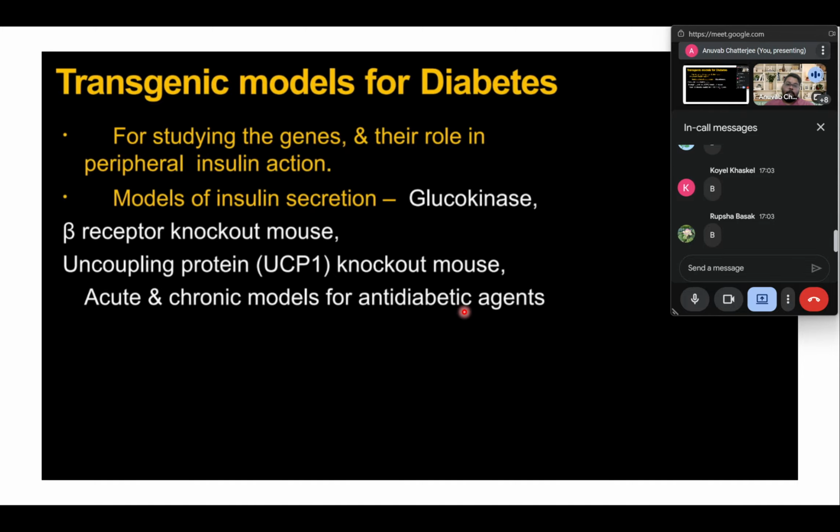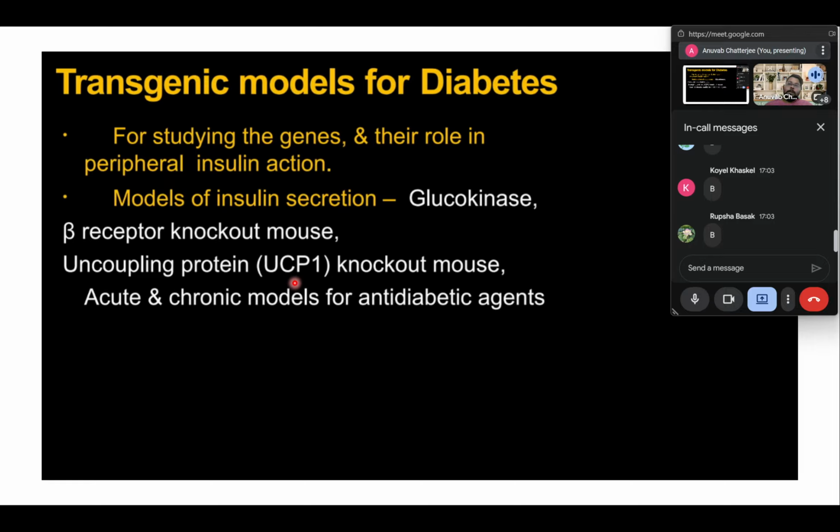So we also have a transgenic model for diabetes, and in order to produce diabetes in mice, we cause specific mutations in different genes, such as the gene for glucokinase, which is used to detect the amount of insulin present in blood, or a beta receptor knockout or UCP1 knockout, and these can form either acute or chronic models for diabetes in mice.